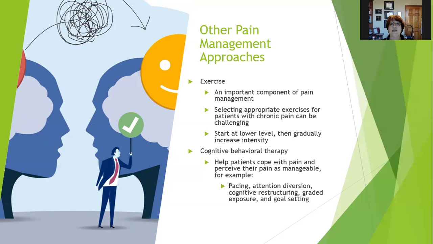So those can all be important pain management approaches. Another thing that we do in PT that is in the line of cognitive behavioral therapy is therapeutic neuroscience education, where we teach people about pain theory and how pain works in their body. And it's a way to give them a tool for reframing and restructuring their pain.